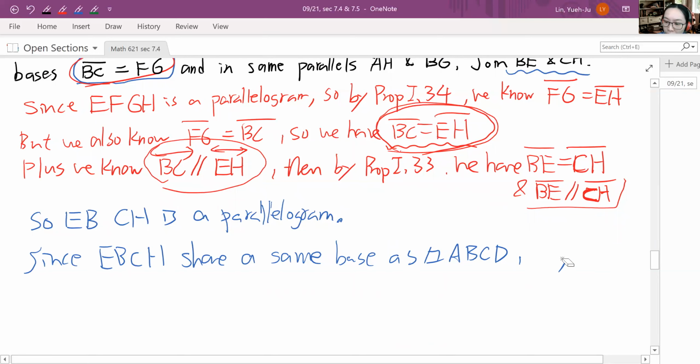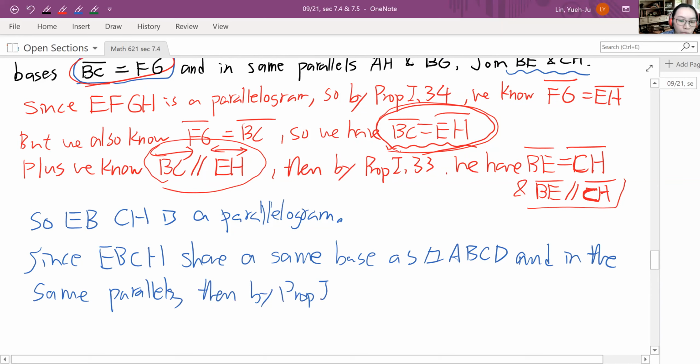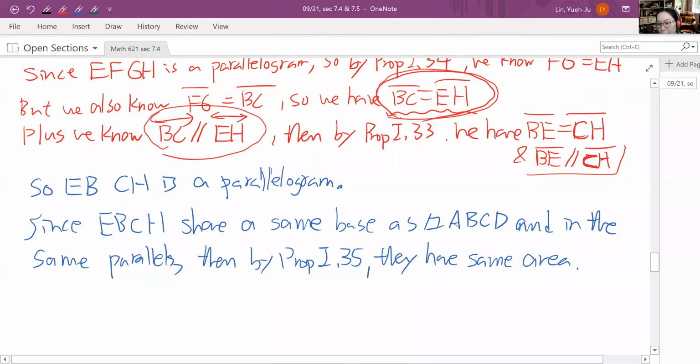And actually I want to emphasize that they're in the same parallels and share the same base. If they're in the same parallels and share the same base, then by the proposition, this is what we just talked about, this is 35, they have the same area. So we know that EBCH should have the same area as ABCD by the same reason.